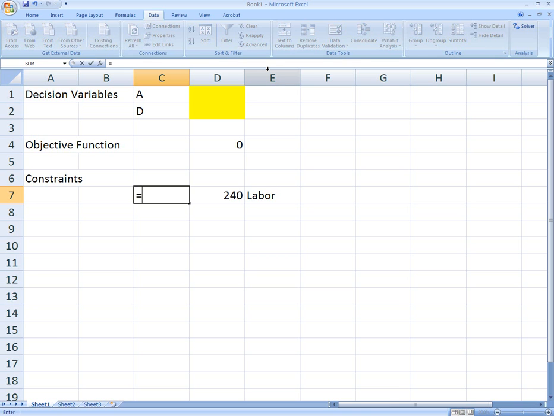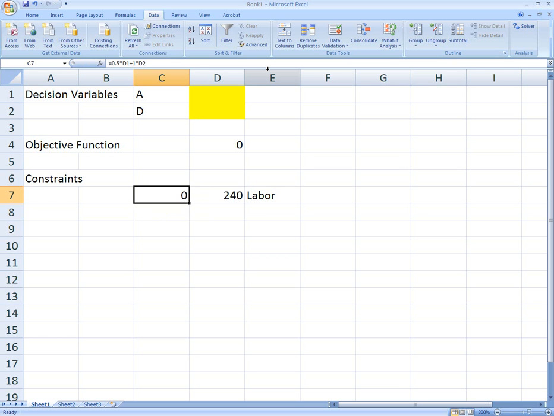So I can add a little formula here, equals 0.5 times D1 plus 1 times D2. Look at that formula and make sure you understand it. 0.5 times D1, a half hour times the number of athletic shoes I produce, that's the amount of labor used for athletic shoes. 1 times D2, that's the amount of labor used for dress shoes. Add them together, that's the total amount of labor I use.